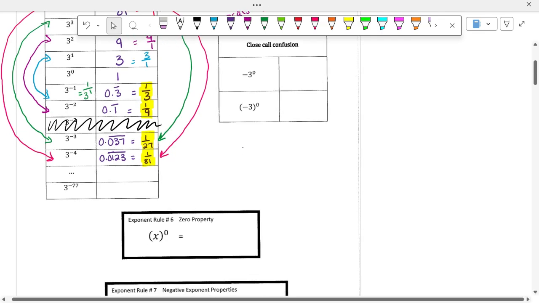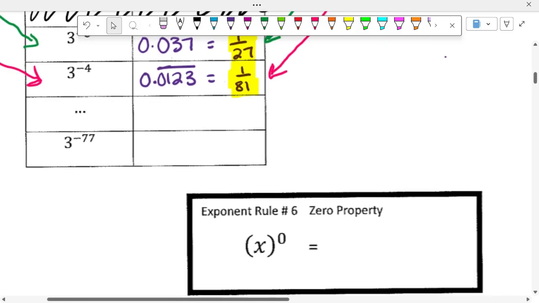So, without putting it in your calculator, and we don't need to worry about what 3 to the 77th power is, but what do you think as a fraction that would look like? So, if it follows the same rules that we've been doing, what do you think 3 to the negative 77th will look like if we want positive exponents only?